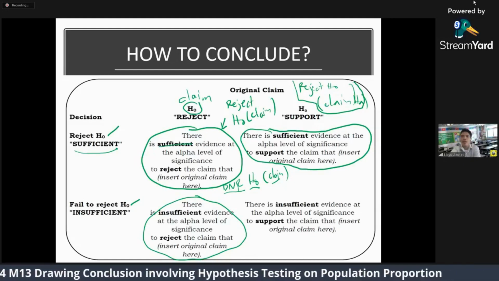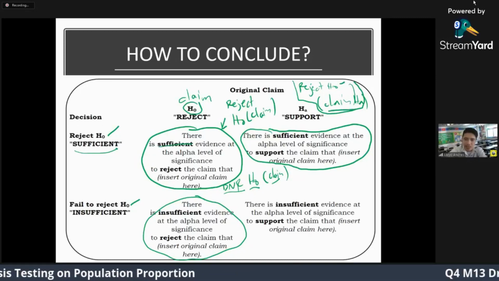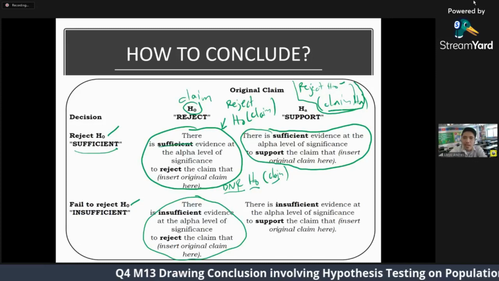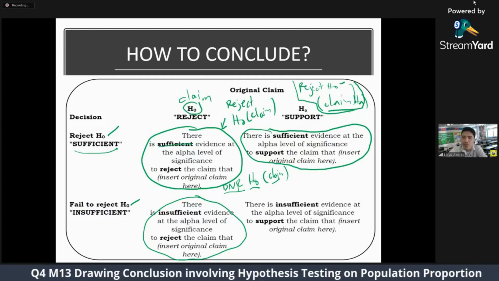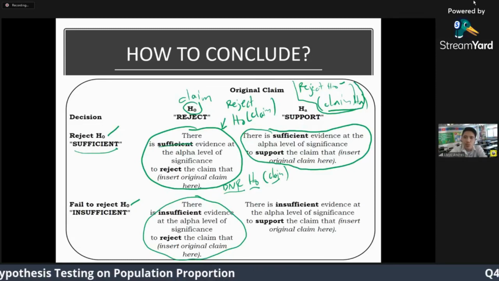Nag-reject kag HO, tapos ang claim sa problem is HA. So, pag ingani ang situation, you conclude by saying there is sufficient evidence at alpha equals to blank to support the claim. Kaya again, ang ginasupport na to is ang alternative man.